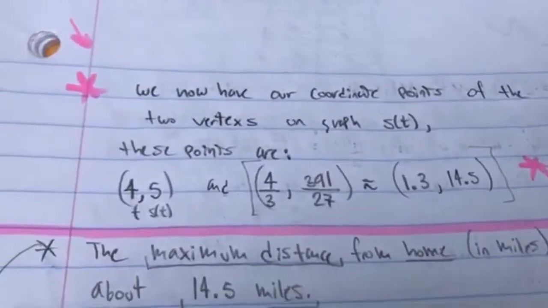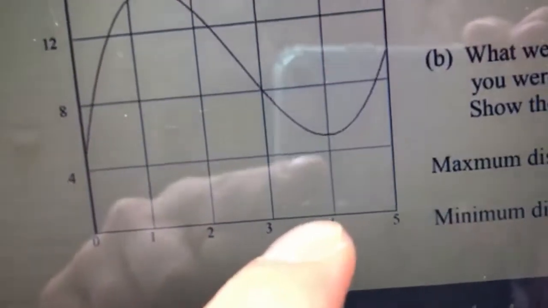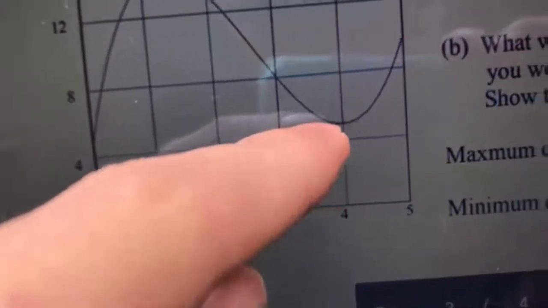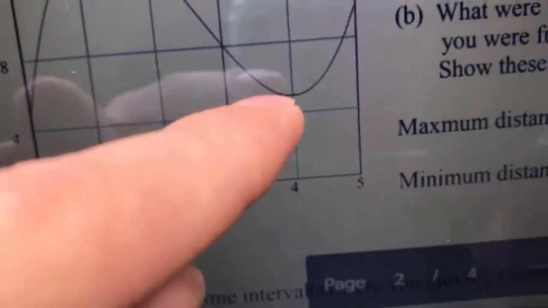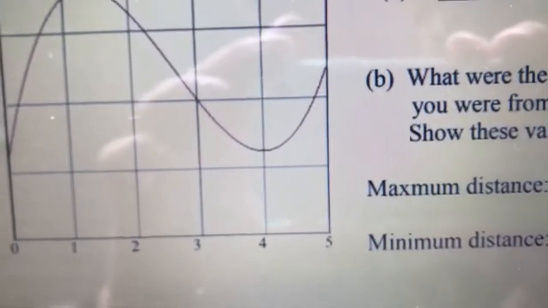These points are 4 hours, 5 miles. At the point 4 hours, we're 5 miles away from home, and that is a turning point where we start to head away from home once again. But right there, at the vertex, there's a slope of 0.